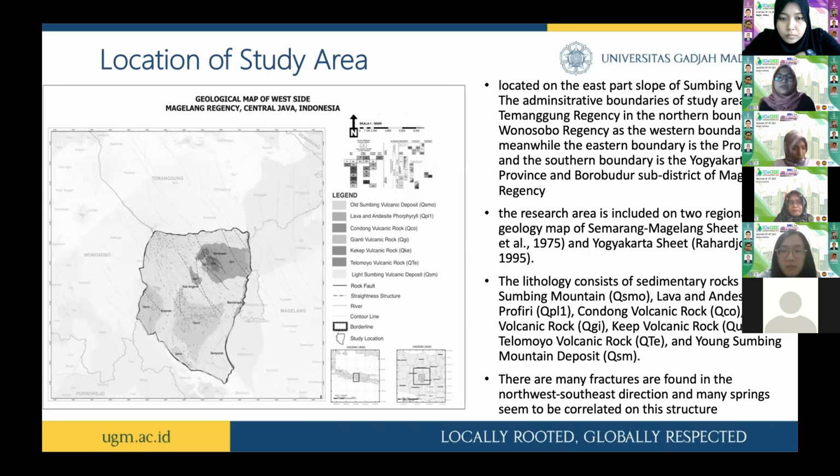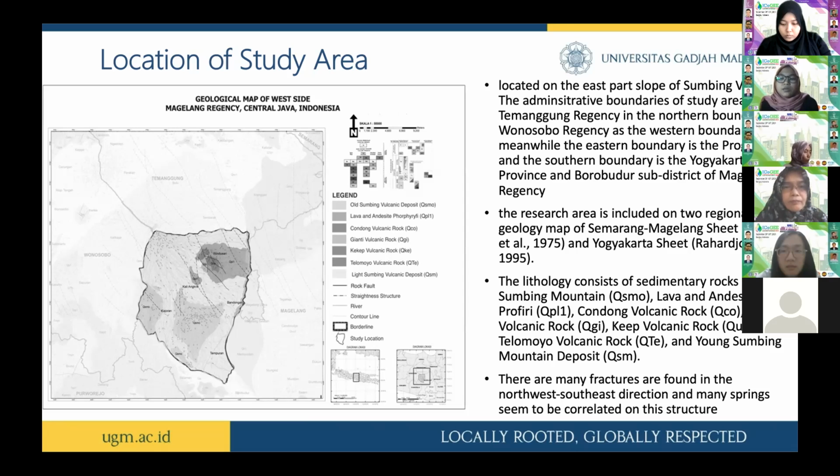The study location is on part of the slope of Mount Sumbing volcano. Administratively, the boundary area is Temanggung Regency in the north, Wonosobo Regency as the western boundary, and the eastern boundary is the Progo River. The southern boundary is the Yogyakarta province and Borobudur subdistrict of Magelang Regency. This area is included on two regional geology maps, the Semarang Magelang sheet and the Yogyakarta sheet.